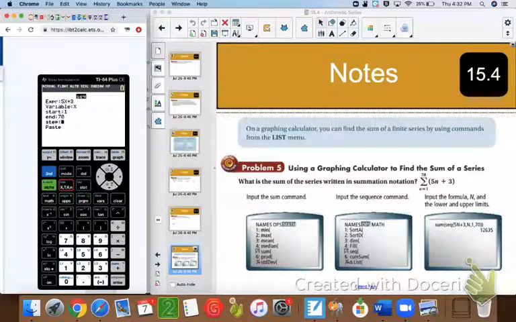And step, it just wants to know how much to go up by, so in this case just 1. If yours doesn't pop up with all these options, you would just type in as it's shown over here. So 5n plus 3, comma, n is the variable, comma 1, comma 70. Basically all the things we just typed in here. And then we get 12,635, which is what they got. So that's how you can do that on a graphing calculator.